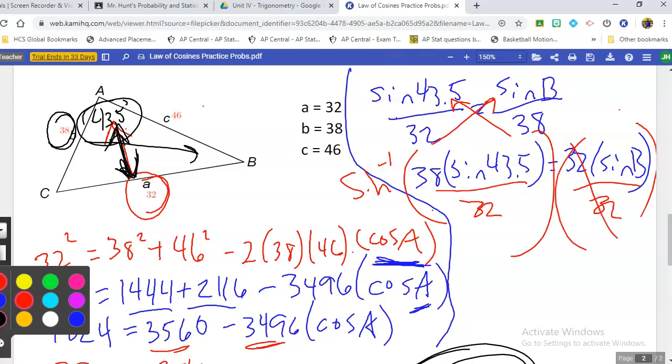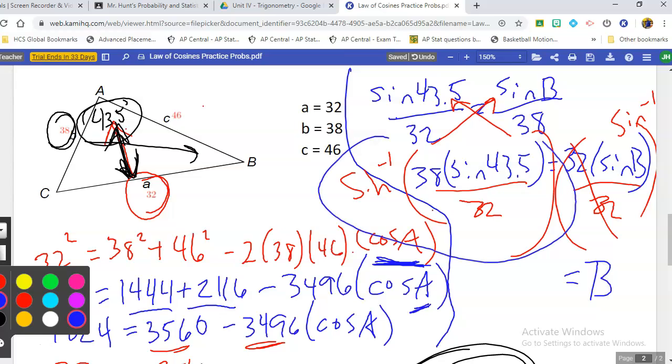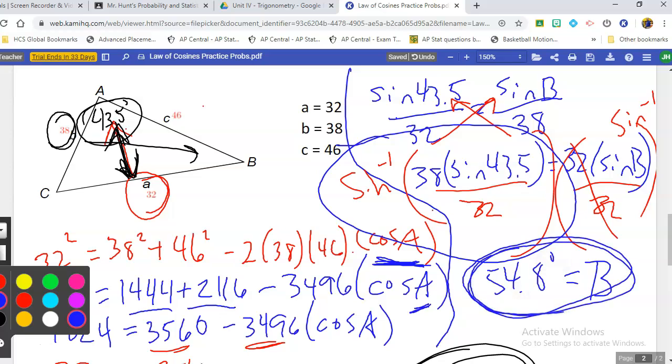Again, those two cancel out. We take the arc sine here. So that leaves us with B on this side. And what's B going to be equal to? It's going to be equal to the arc sine of all this together, and that's going to be 54.8 degrees. And again, I apologize for my handwriting there, but hopefully you can see what's going on.